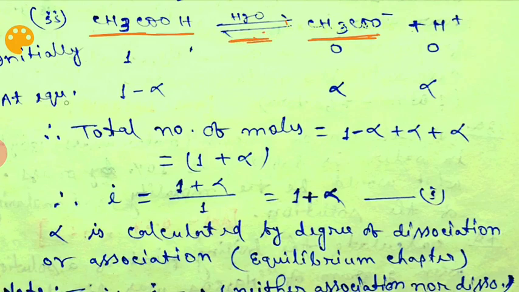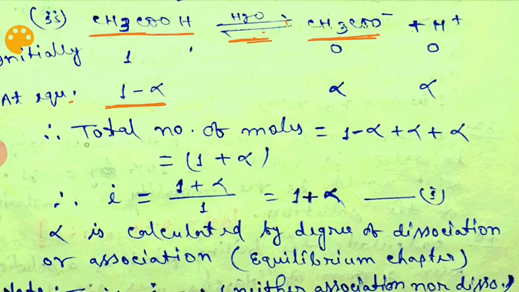At chemical equilibrium, suppose the number of moles of acetate ion is alpha, and the number of moles of hydrogen ion is alpha, because both are the same. So the number of moles of acetic acid will be 1 minus alpha, because alpha particles undergo dissociation. Now undissociated particles will be 1 minus alpha.